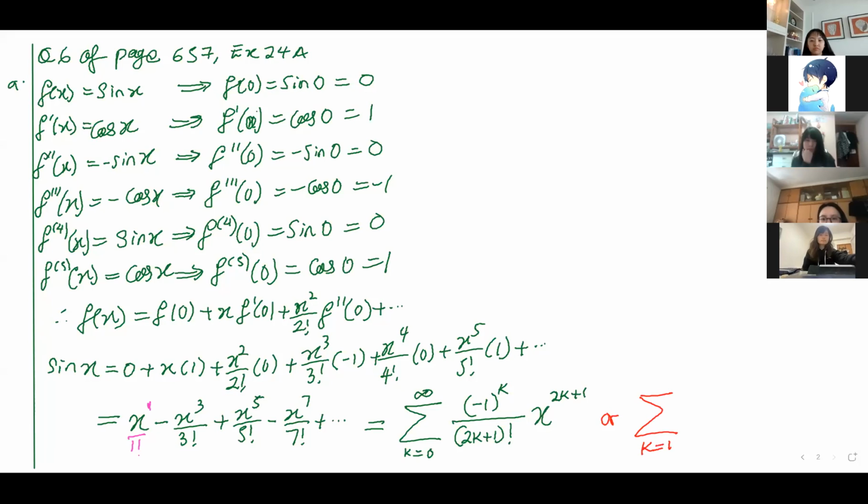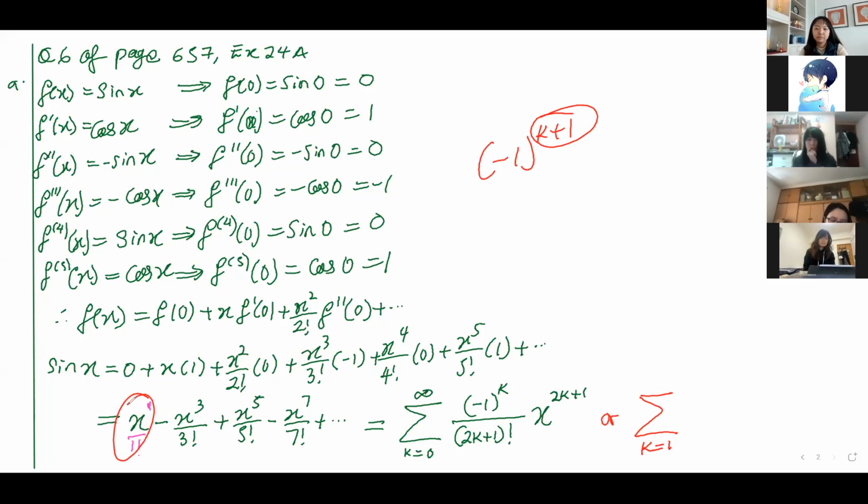If k begins from 1, clearly our sign will be minus 1 raised to power k plus 1, because when k is equal to 1, you're supposed to have 2, which will make this positive. So there will be a shift of plus 1, basically. But we don't have to shift this.